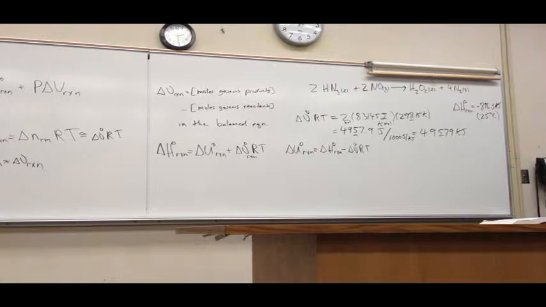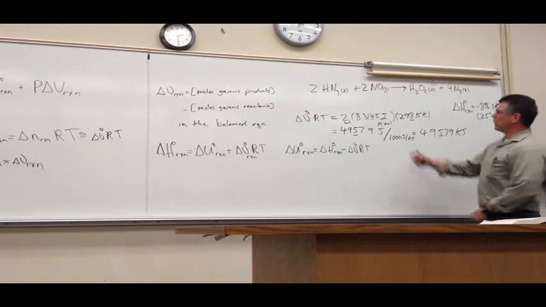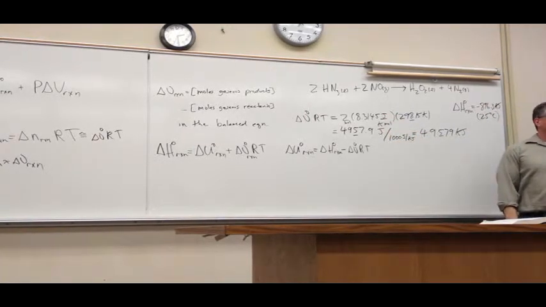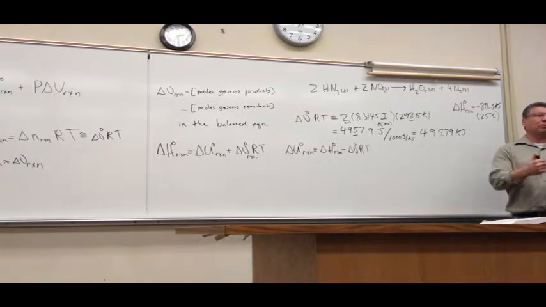Right? So, yes. Where'd you get the 8.3? That's R. And I used 8.3145 joules per Kelvin mole because I knew I wanted joules in this workout. Any questions? Did you guys get the same number? Did you try?